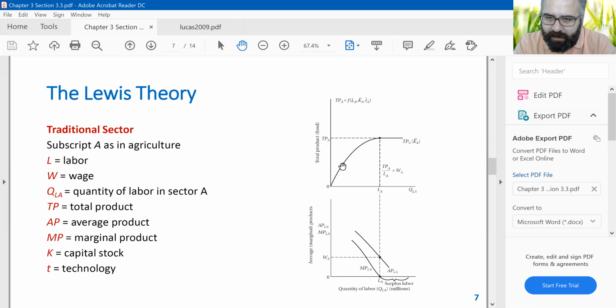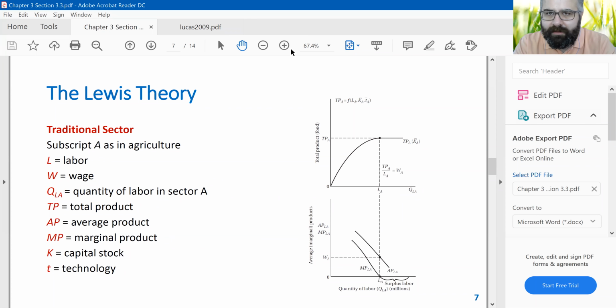There is this concave production function, but at some point, denoted by LA here, marginal productivity becomes zero. Look at here. You see average and marginal productivity of labor. And at this point, LA, marginal productivity is zero, and total production becomes constant.